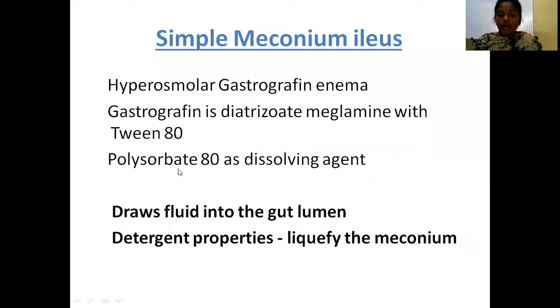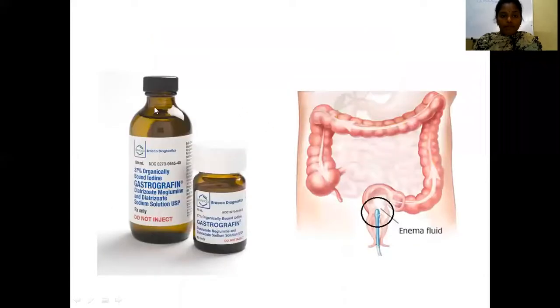This polysorbate 80 is an emulsifier or stabilizer, whereas gastrografin is used to draw fluid into the gut lumen by its hyperosmolarity effect, and its detergent properties liquefy the meconium. So in case of simple meconium ileus, the treatment option is hyperosmolar gastrografin enema. See, this one is the gastrografin enema.